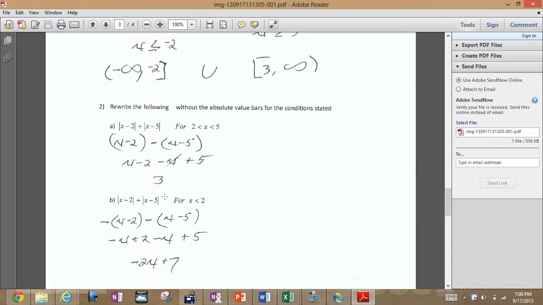Similar approach in this, the same expression, but for a different set of values. X less than 2. X less than 2 here, it goes negative. So therefore, the cost of removing the absolute values is a negative, the opposite, I should say. Likewise, it goes to a negative expression.